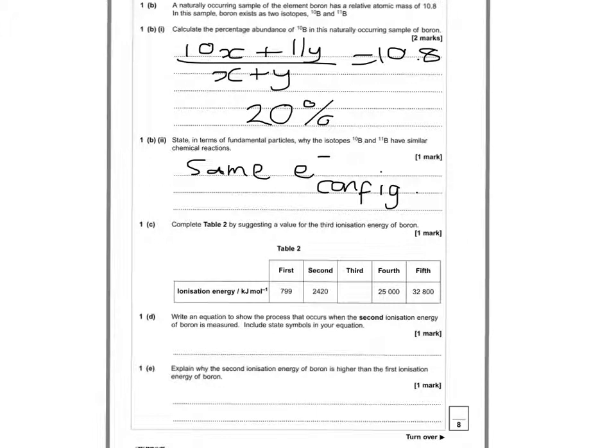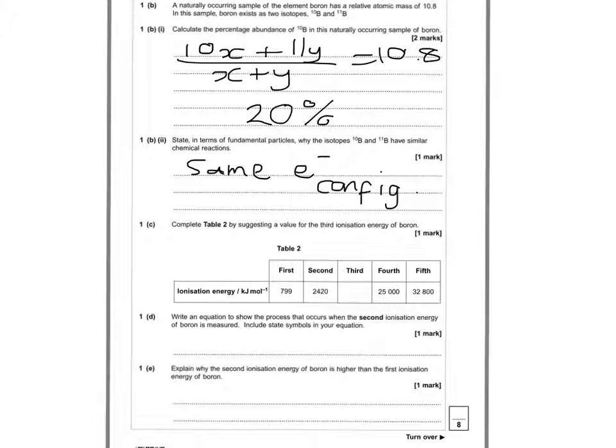Okay, part C. Complete table 2 by suggesting a value for the third ionisation of boron. What you want to think about here is what group is boron in, how many electrons does it have in its outer shell, and so where the big jump is going to be. Looking at the periodic table, boron is in group 3. So that means once it loses its third electron, there's going to be a big jump between the third and the fourth.